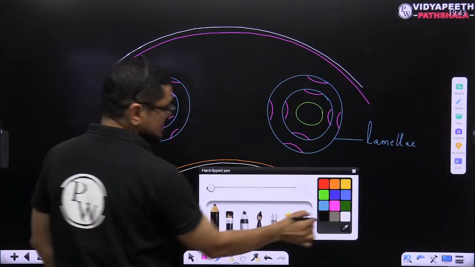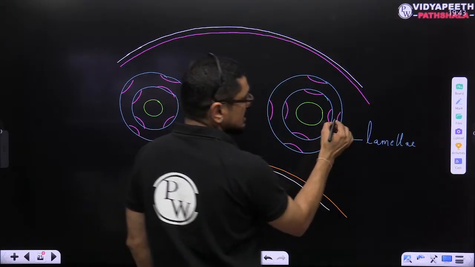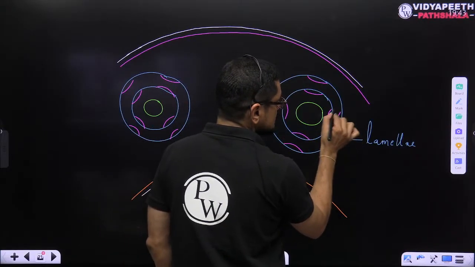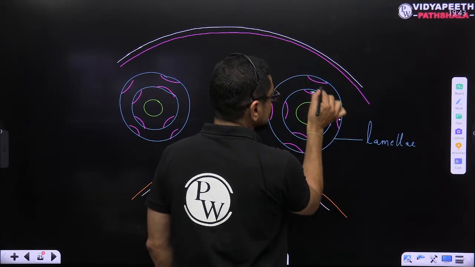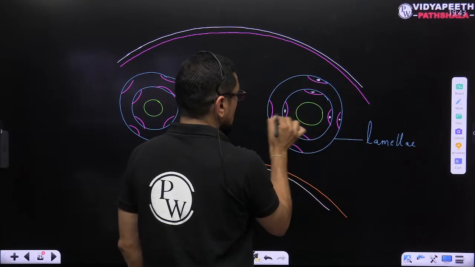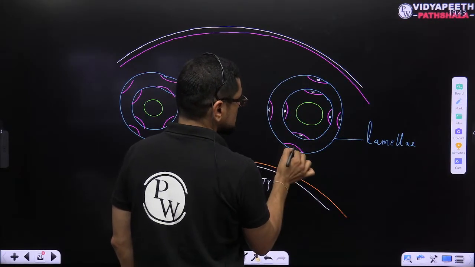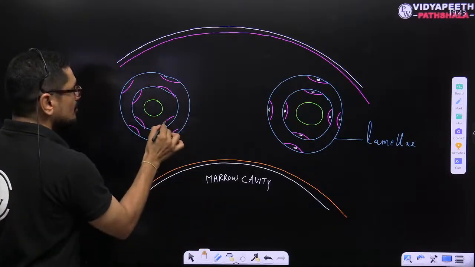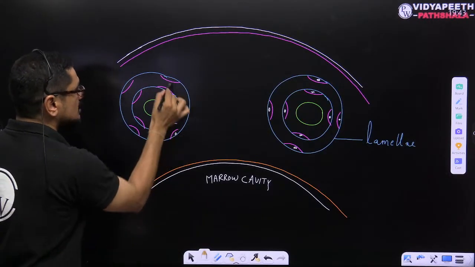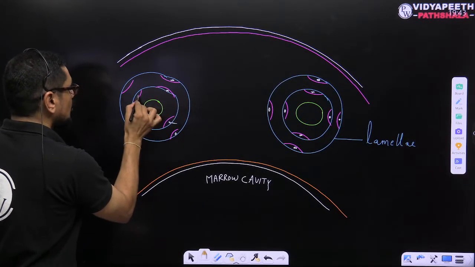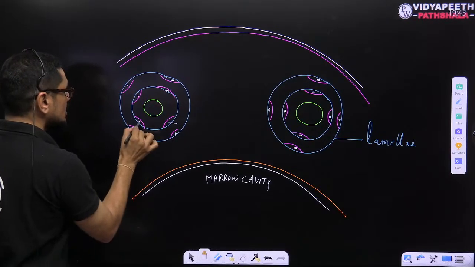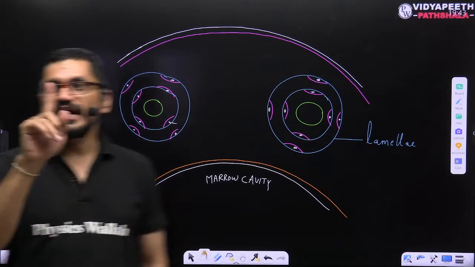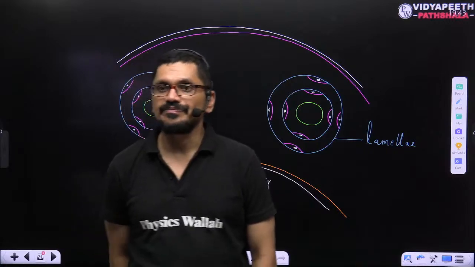See now, this is the site, and this is the cell, the osteocyte. So how many osteocytes are present in one lacuna? Sir, 1. Only one osteocyte is present in a lacuna.